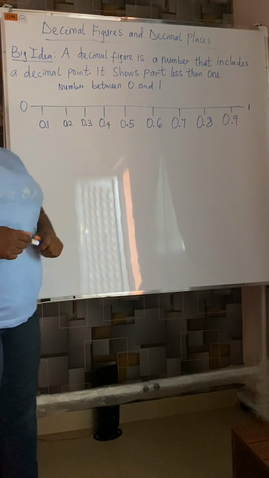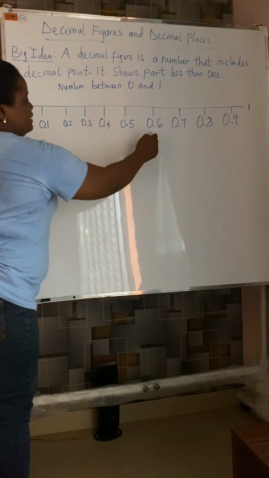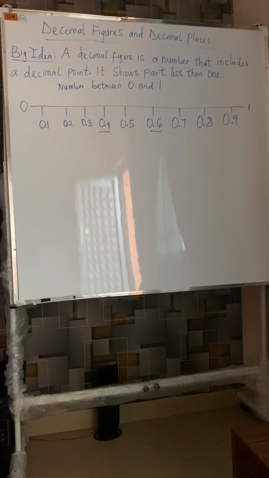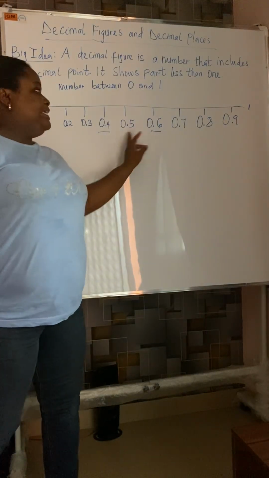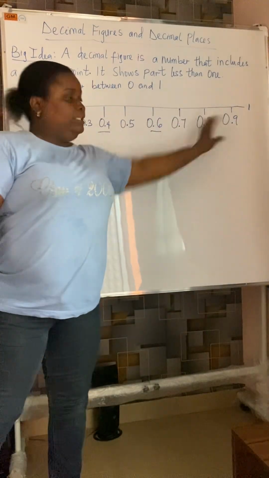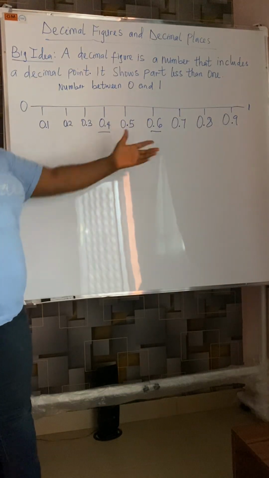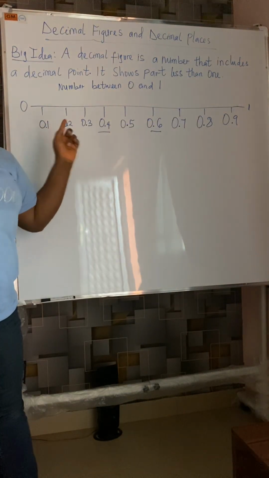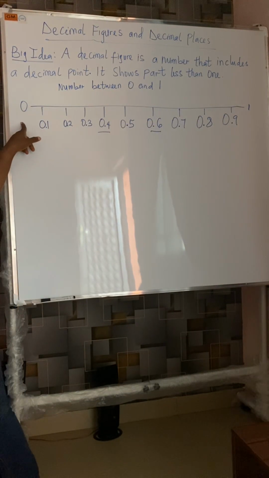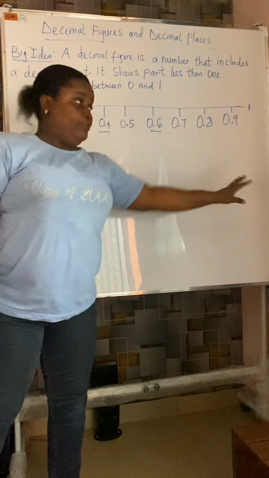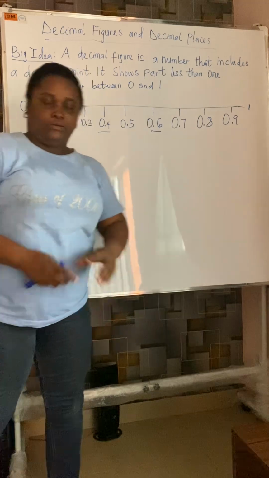Having said that, it means that 0.6 is greater than 0.4. So the point is, the closer a number is to one whole, the bigger the decimal number. And the farther away it is from one whole, the smaller the number. So numbers closer to 0 are smaller compared to numbers far away from 0. That is the numbers heading towards one whole.